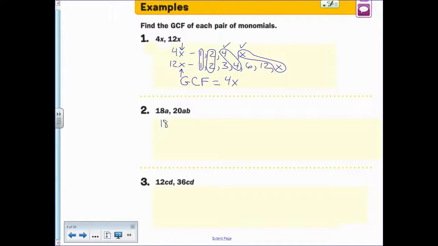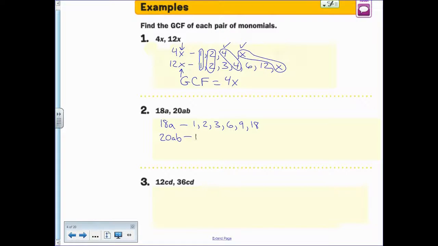So let's take a look at 18a and 20ab. Common factors of 18a and 20ab. Well, let's see. 1 goes into 18, 2 goes into 18, 3 goes into 18, 6 goes into 18, 9 goes into 18, and 18 goes into 18.